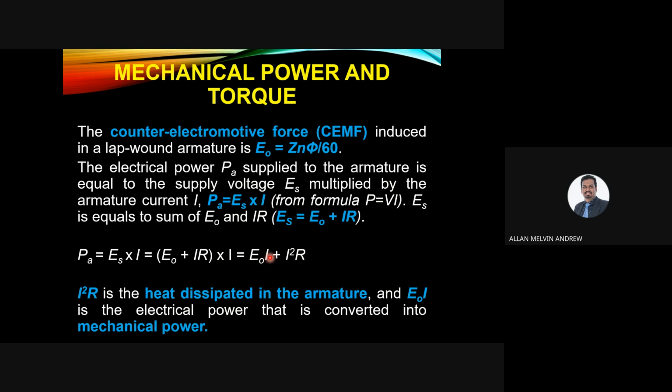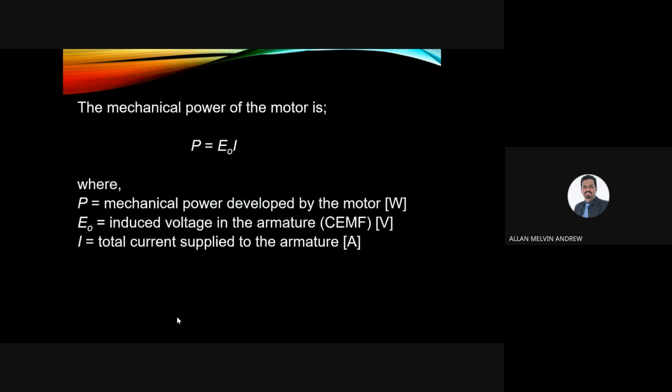So this is actually the mechanical power generated by the DC motor. So the mechanical power of the motor is P equals E0I. This is the explanation for the power.